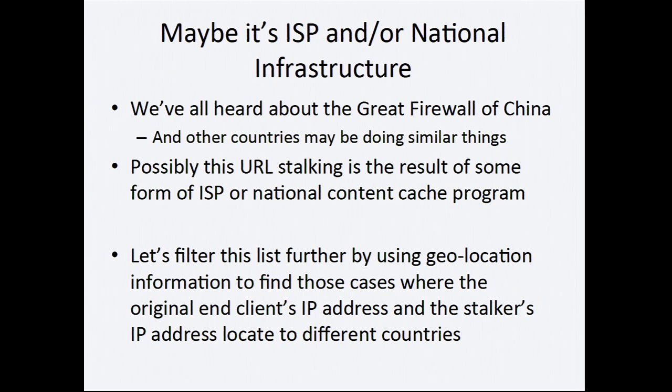It happens. So why don't I do one more filter? I'll use the RIR stats because it's quick and it's easy and it's mildly accurate, not fantastically, but good enough, and get rid of all the folk where the victim and the stalker are in the same country. Aha! So who's stalking across borders?